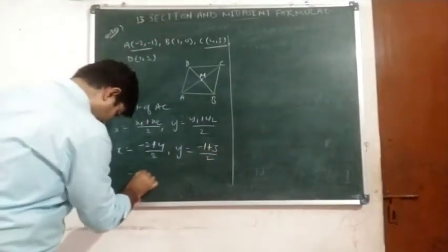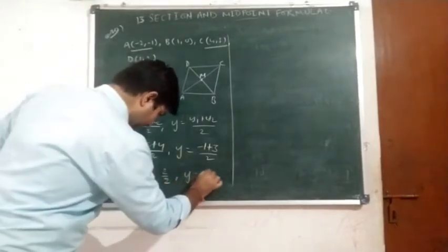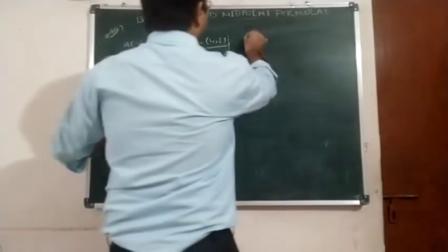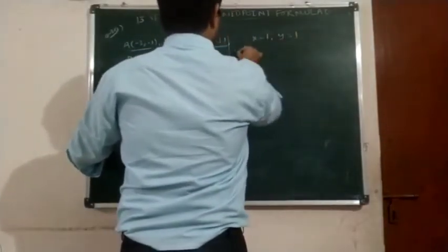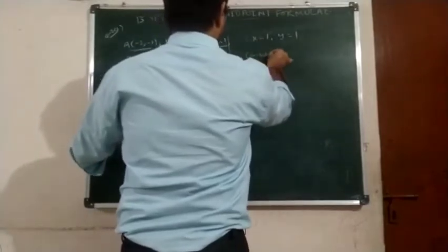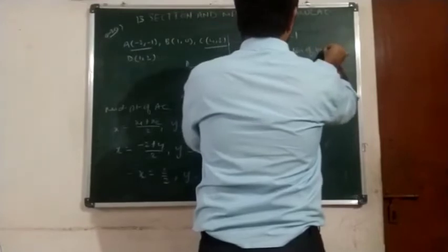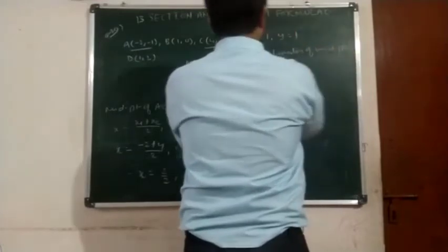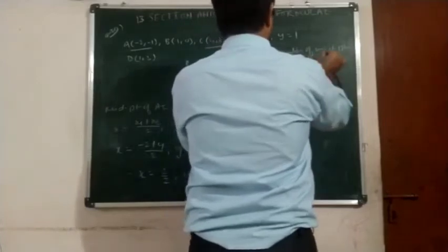Therefore x is equal to 2 upon 2 and y is equal to 2 upon 2. Coordinates of the midpoint of AC are (1, 1).